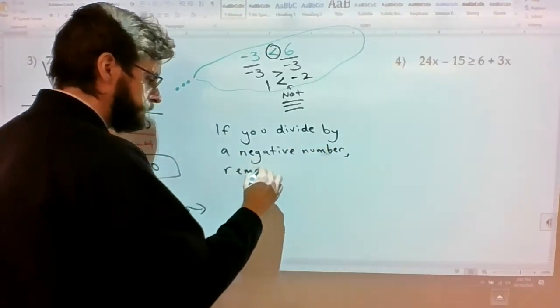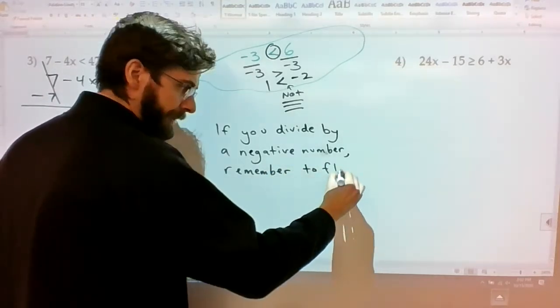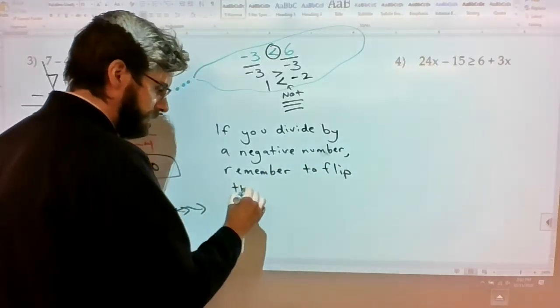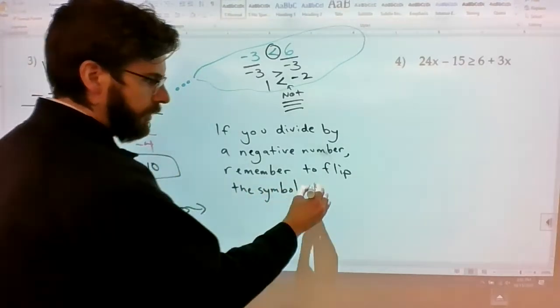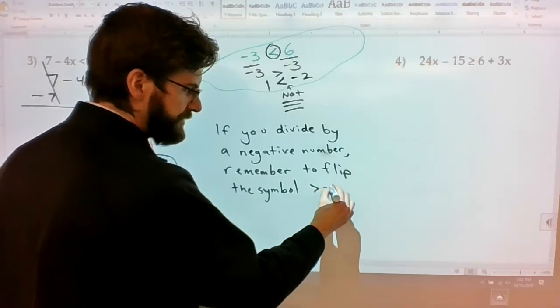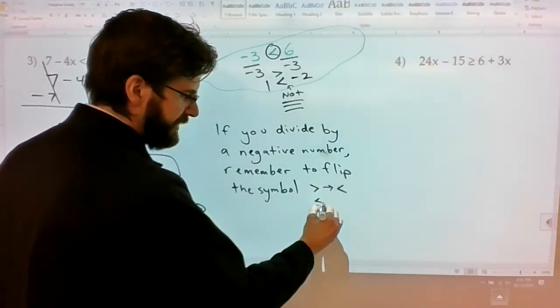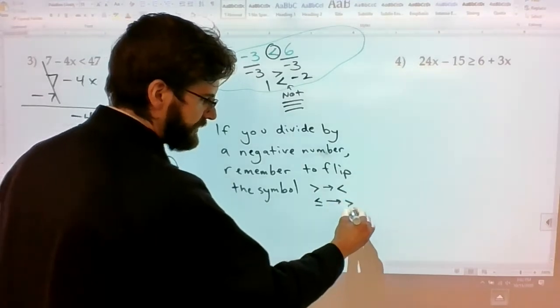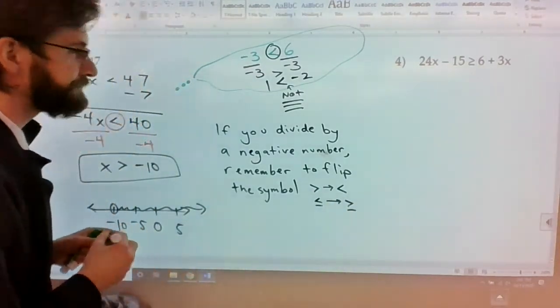Remember to flip the symbol. So this becomes that. This becomes that. Only when you multiply or divide by negatives.